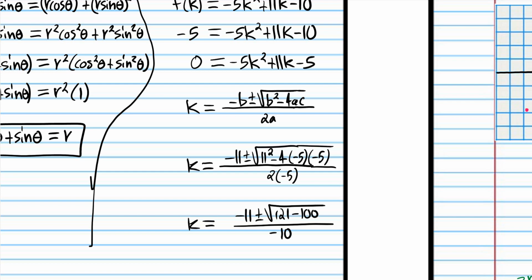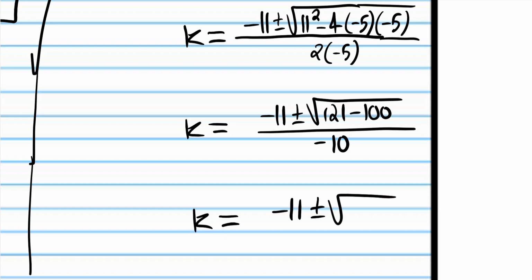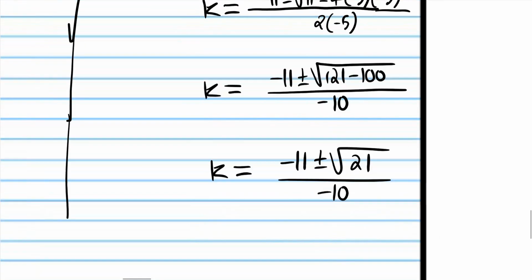Looks like we do. So k is equal to -11 plus or minus root 21 over -10.